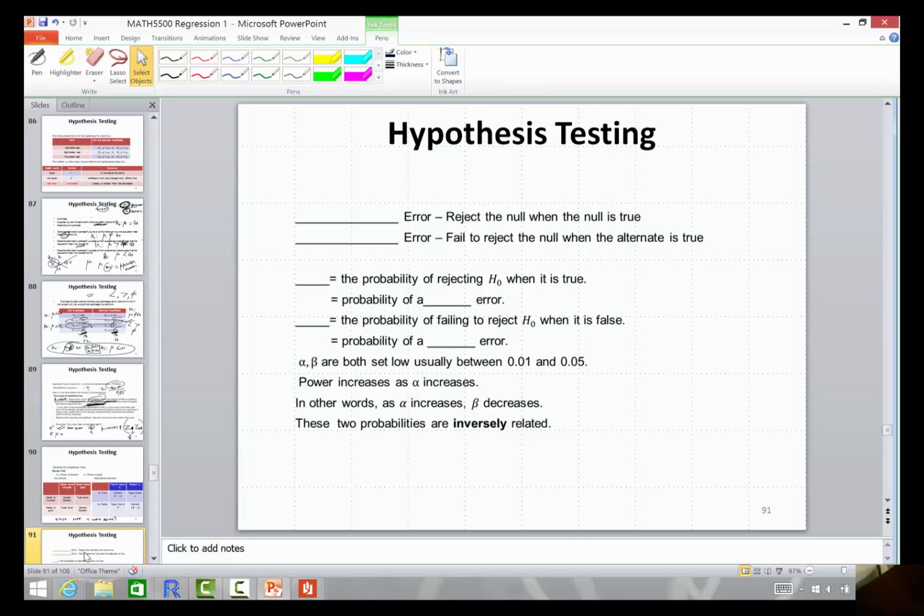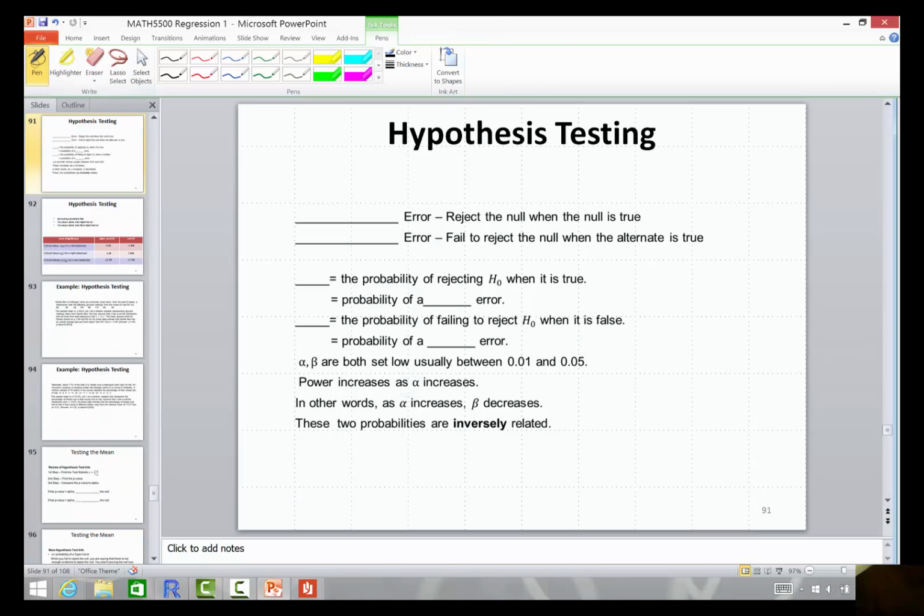Okay, so there are two kinds of errors. Okay, one is type 1 error, let me write down that here. Type 1 error is reject the null hypothesis when the null hypothesis is true. Remember, if the null hypothesis is true and then we reject it, that is called the type 1 error.